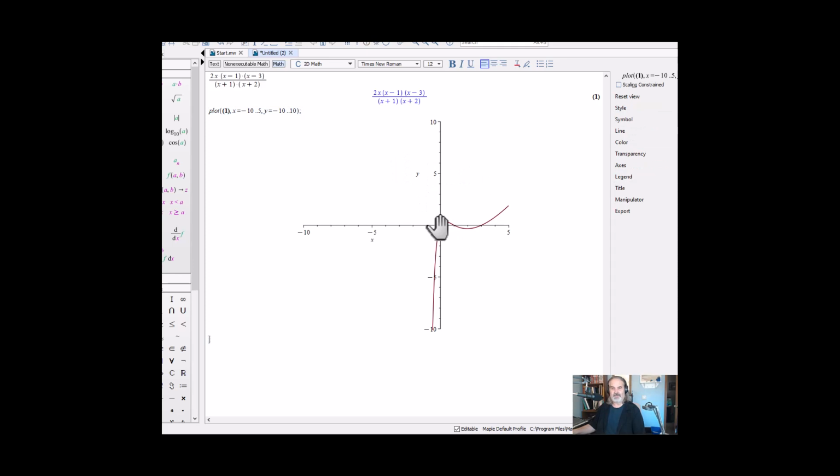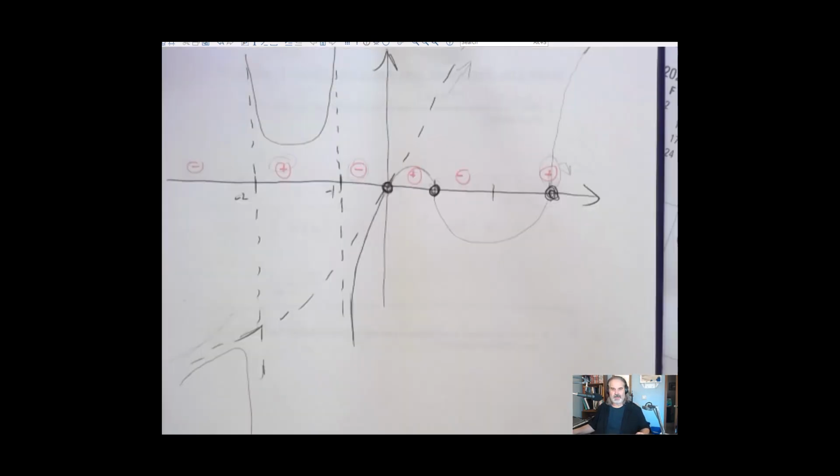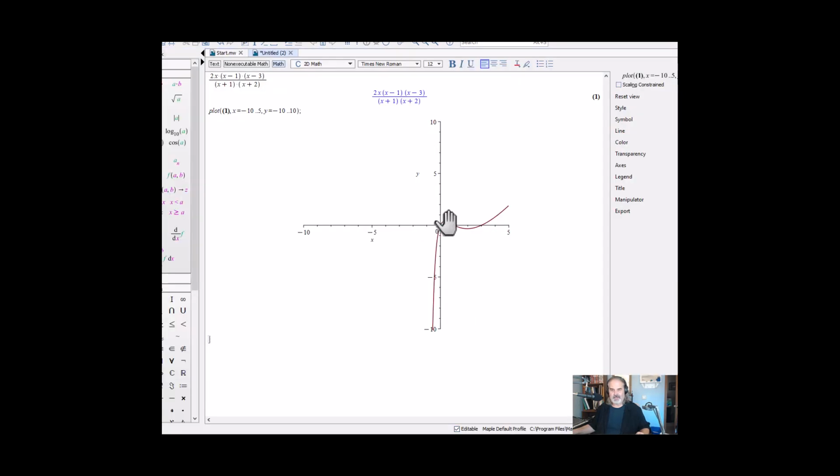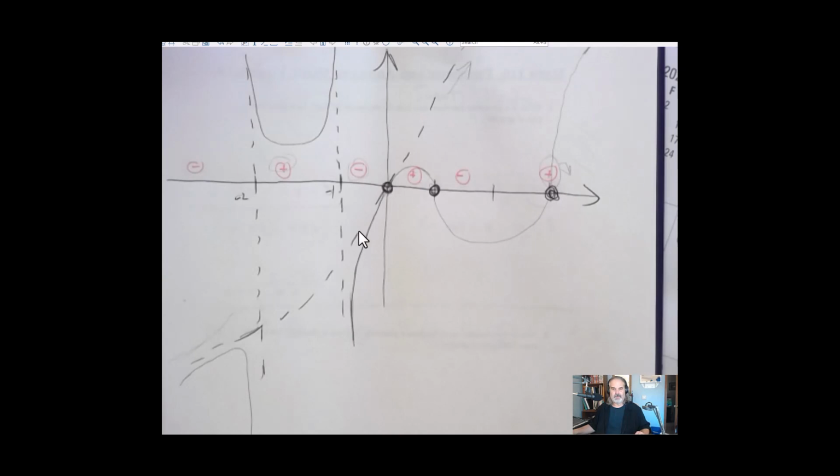Okay, so what we were seeing here, a bump positive, below negative, and then up to positive again, is actually demonstrated right there. And then the graph just falls off far down below along that vertical asymptote.